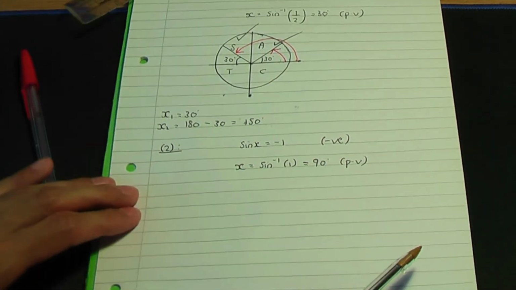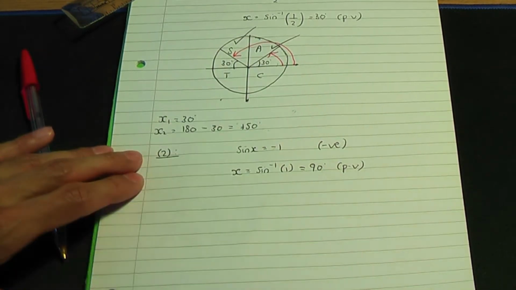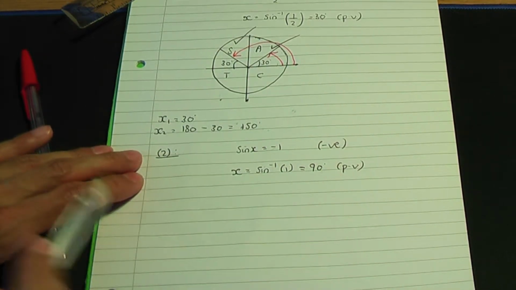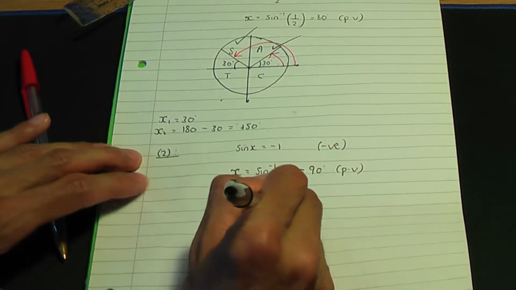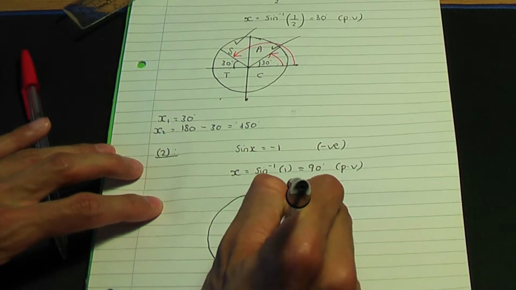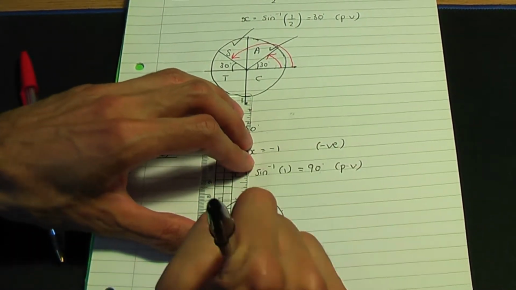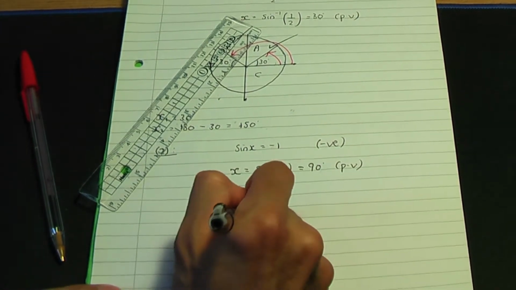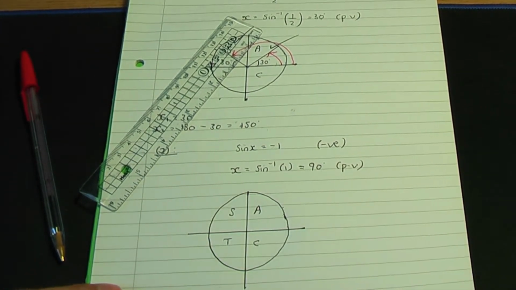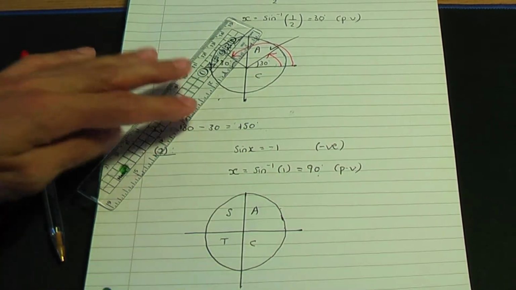But you need to plot 90 where sine is negative. I don't like to plot the solutions on the same CAST diagram, so for the second equation, let me draw a separate CAST diagram just to make things clearer. Let's include some quadrants and label them. So we need to plot 90 where sine is negative.